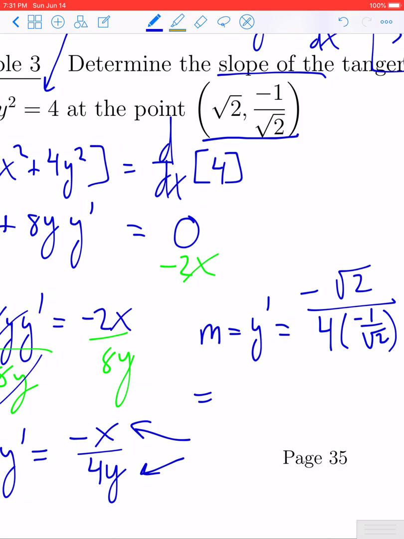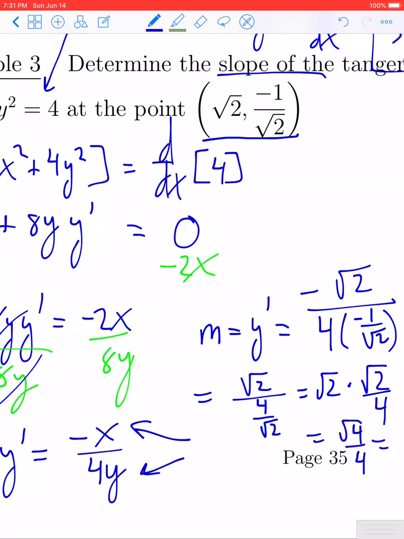The negative divided by negative will cancel, so that will become positive. We're going to have the square root of 2 divided by 4 over the square root of 2 in the denominator. Do a keep, change, flip. This is the same thing as the square root of 2 times the square root of 2 over 4, which is the square root of 4 over 4, which is going to be 2 over 4, or a slope of 1/2.